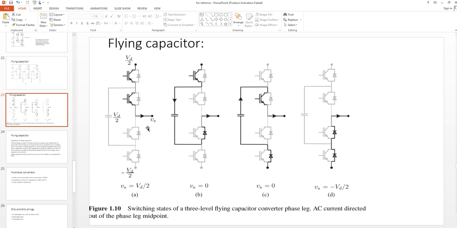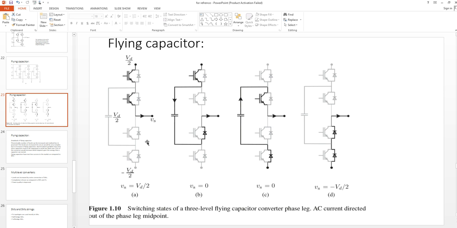So this is basically a typical working diagram of a flying capacitor. In order to generate the positive voltage VD by 2, we have to turn on this switch. Let's call this switch S1 and this switch S2, similarly S3 and S4.